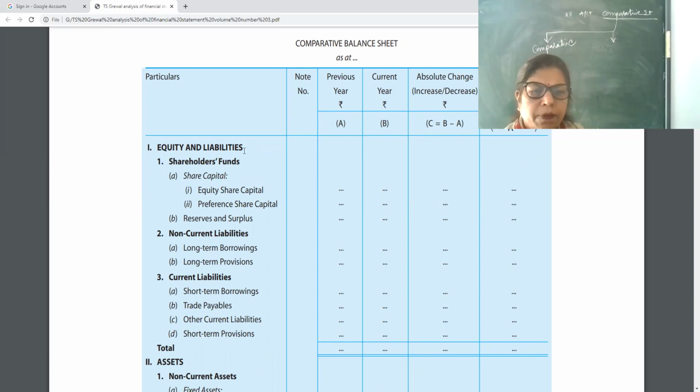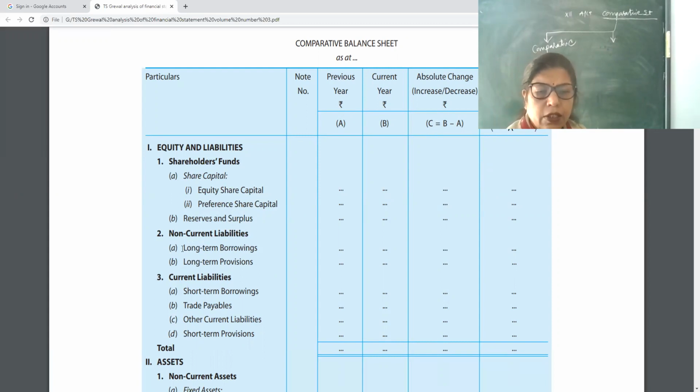Look at the screen. Shareholders' funds. The font you can also see. Shareholders' funds are classified in two parts: share capital, which is equity share capital and preference share capital, and reserves and surplus. In the balance sheet, one more point is there: NCL, non-current liabilities.